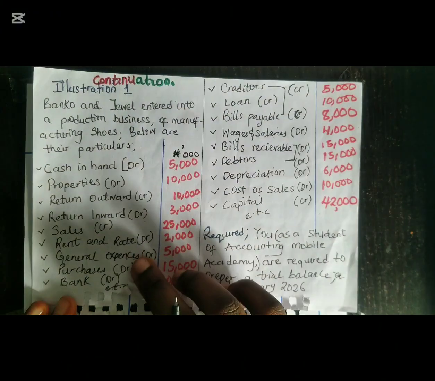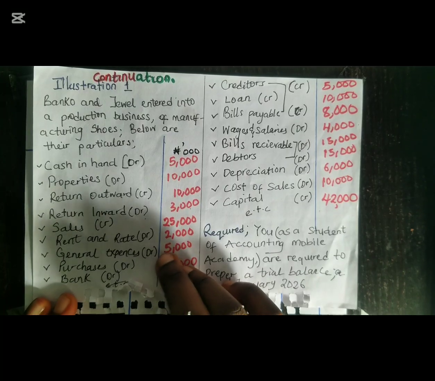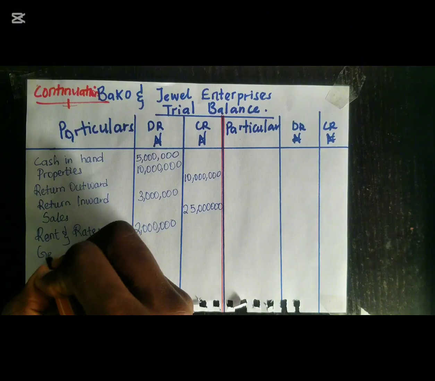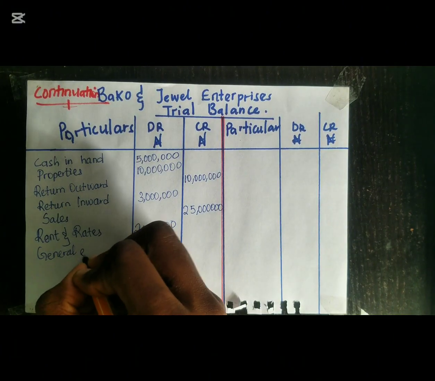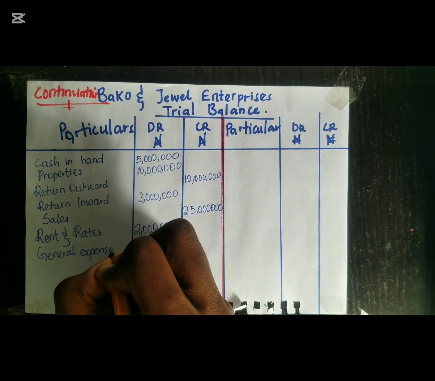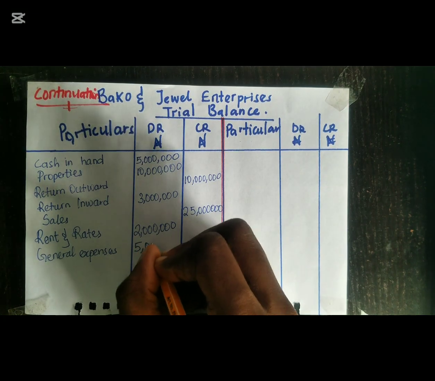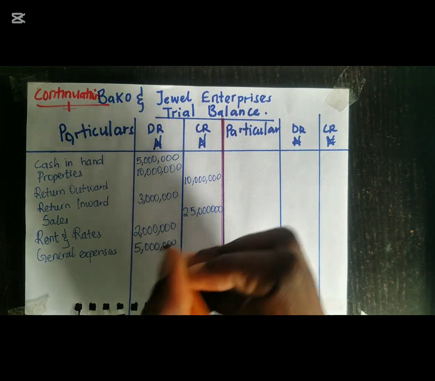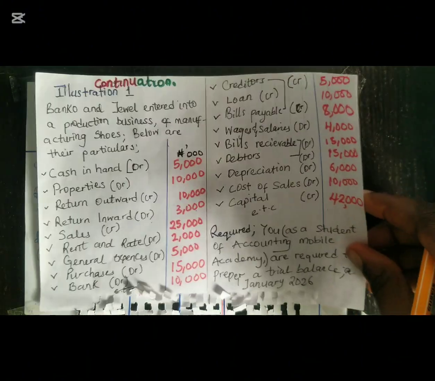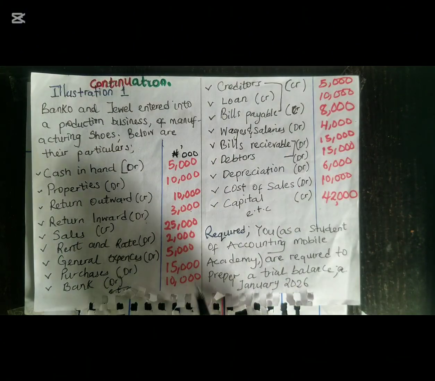General expenses is debited with 5 million naira. So I'm going to write general expenses, 5 million. Purchases is 50 million naira and is debit.